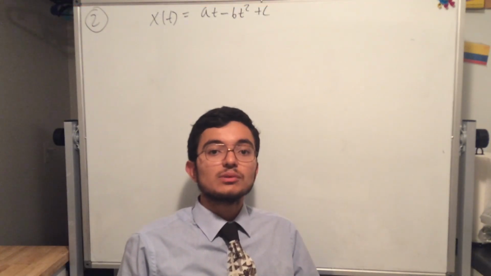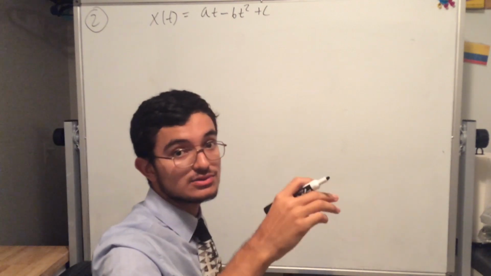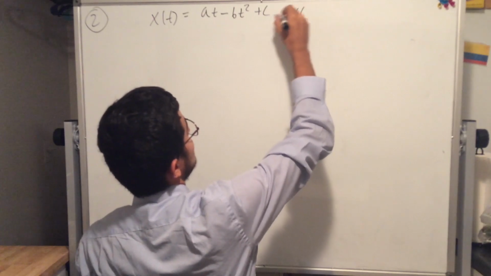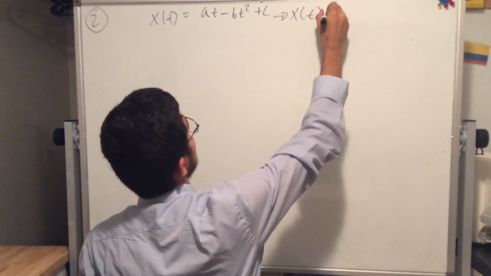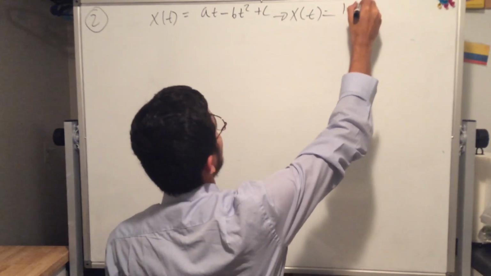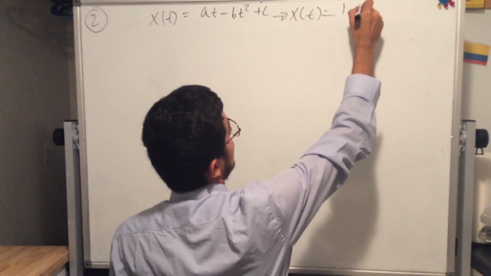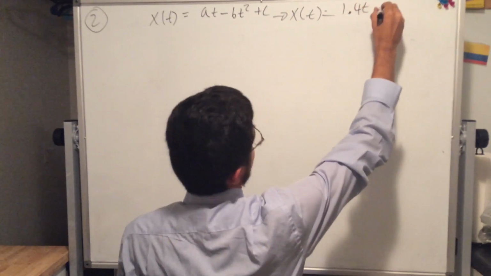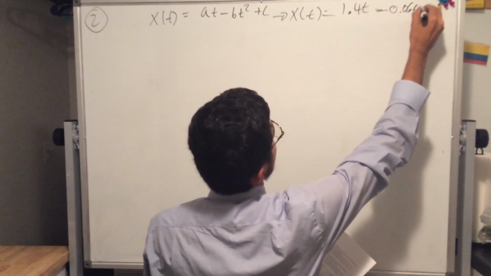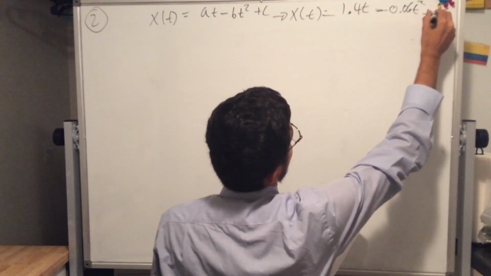For question 2, remember that we're given the position function already, and we're given the values for a, b, and c, so we can substitute them in to make our lives easier. So x of t will be equal to 1.4 t minus 0.06 t squared, and then c is 50 meters, so plus 50.